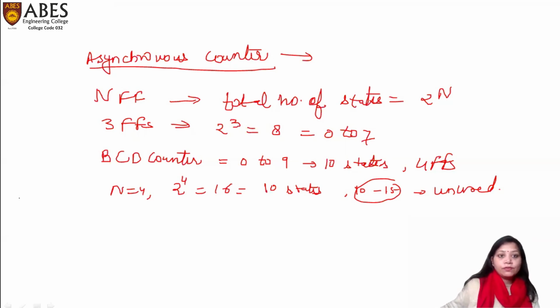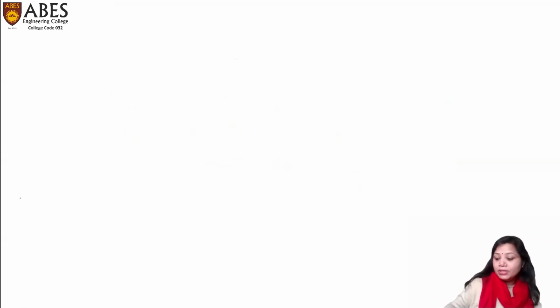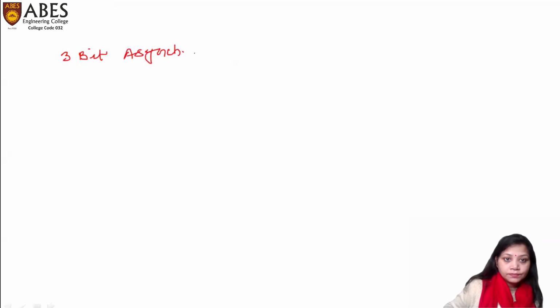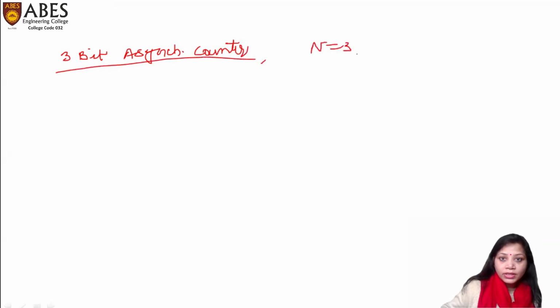Now, suppose we are designing here a 3-bit asynchronous counter. 3-bit asynchronous counter means n equals 3 and total number of states would be 2 to the power n equals 2 to the power 3 equals 8.